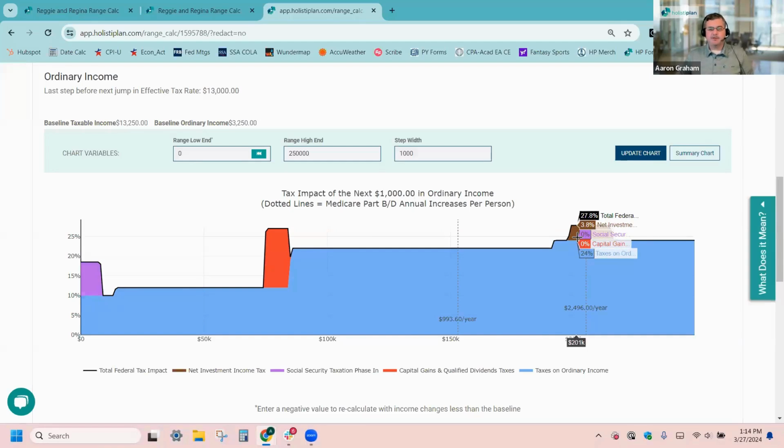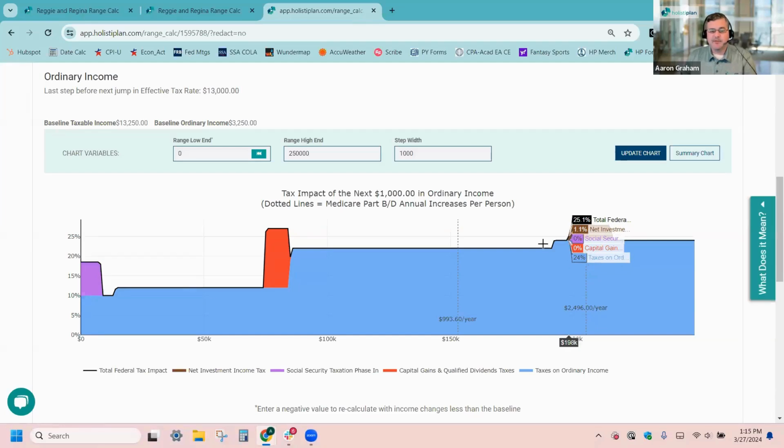If you remember back to the rules around net investment income tax, this is calculated on Form 8960, and it is equal to the lesser of investment income or the amount of income over the threshold. Reggie and Regina are a married couple. The threshold for married filing jointly couples is $250,000. So what we're seeing here, even though it says 197,013 here, the MAGI for net investment income tax, this is the point where it reaches $250,000.